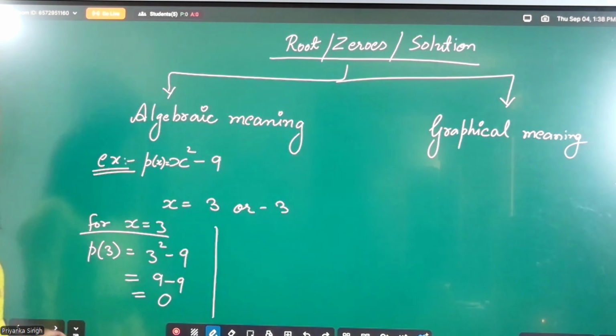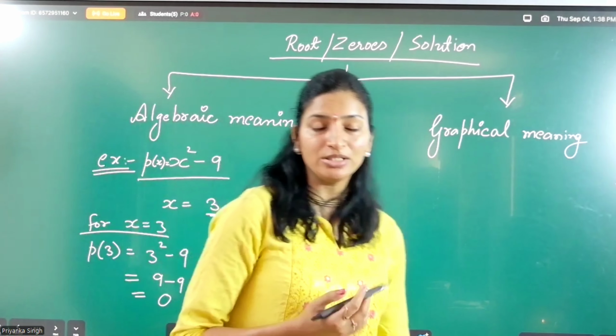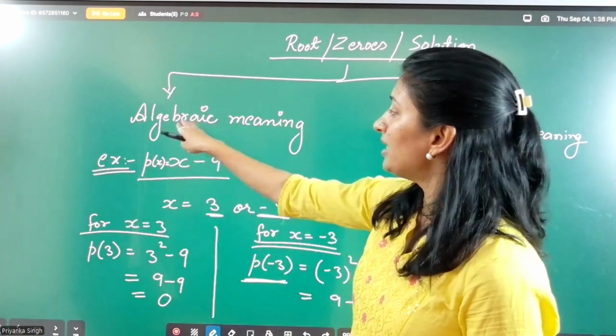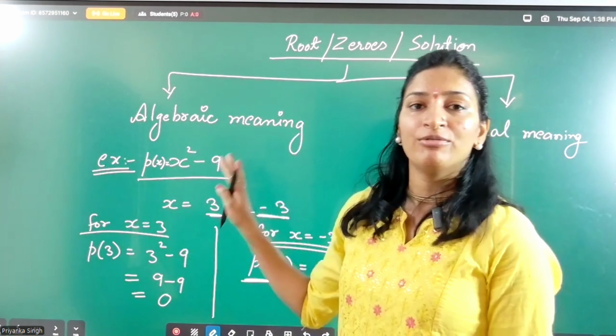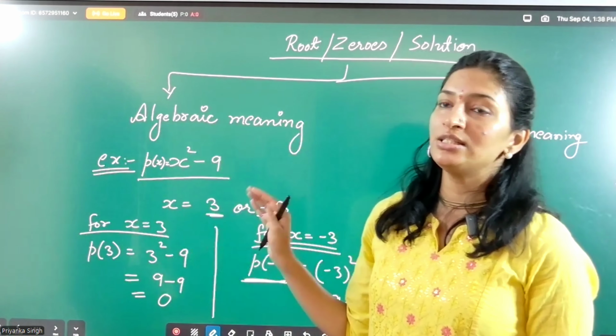Again, we are getting 0 here, right? So if our p(x) is equal to x square minus 9, then by putting the value 3 and minus 3, our whole expression is becoming 0. So this is the algebraic way of finding out the zero or root or solution of any polynomial.